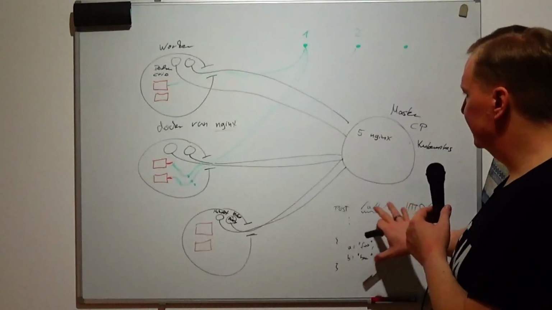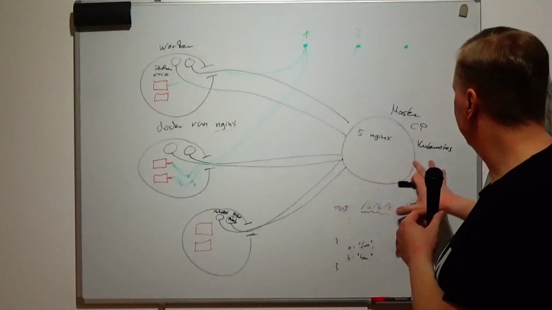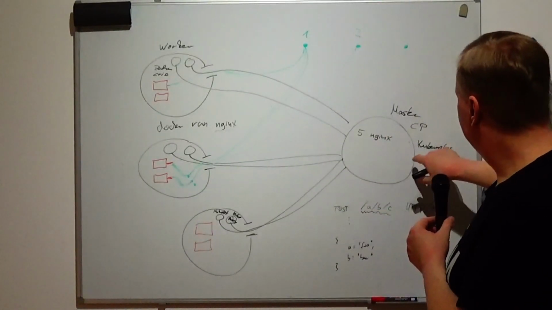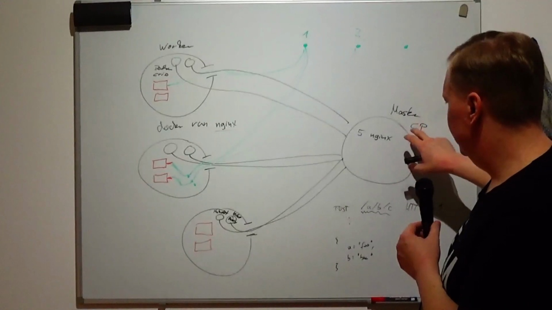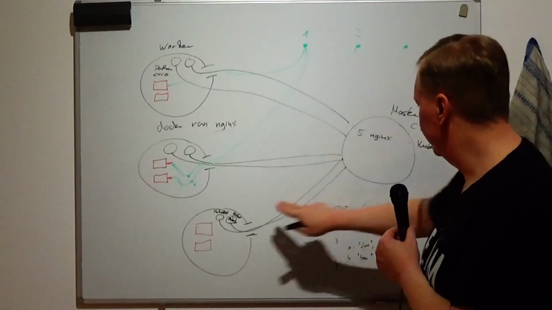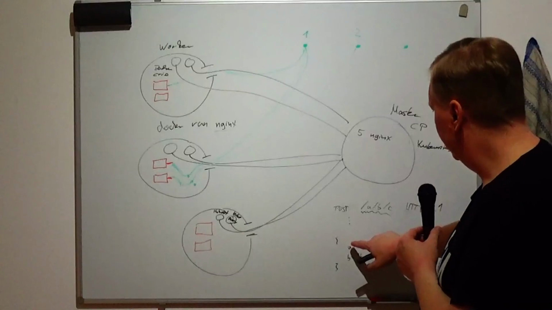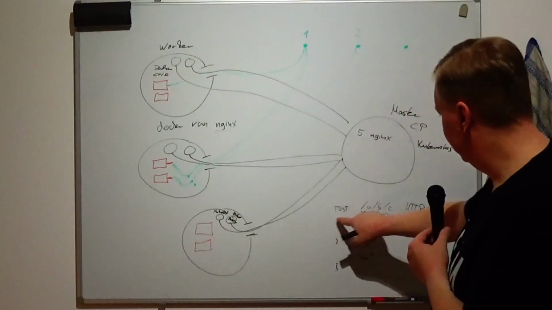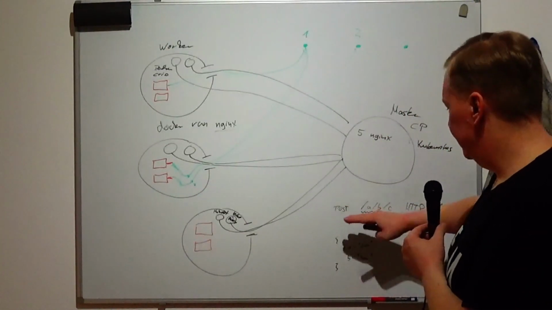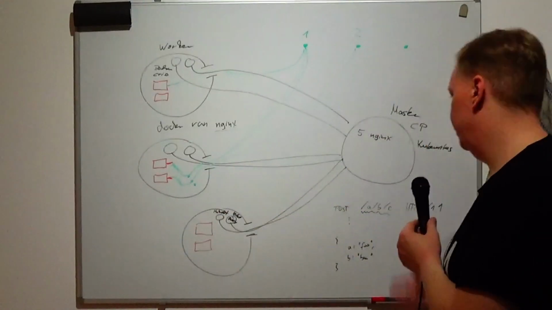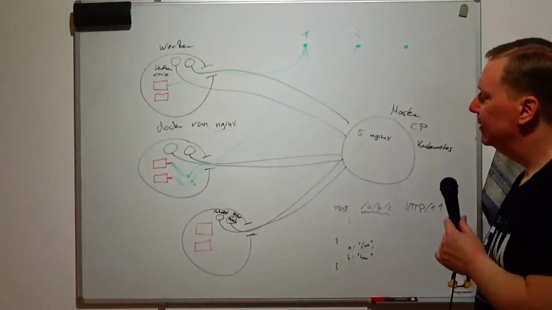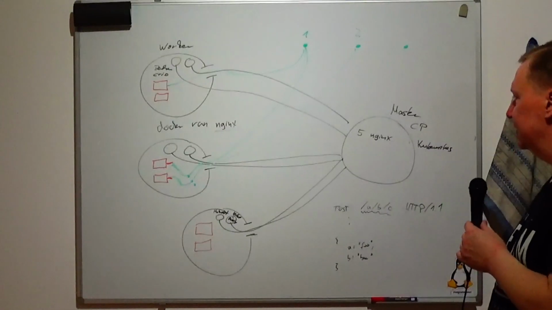Okay, and this is really the stuff that's going on the wire here. So the master node will encode its instructions in such a JSON way, and then send that with such an HTTP header over there. And then the nodes over there can react to that.